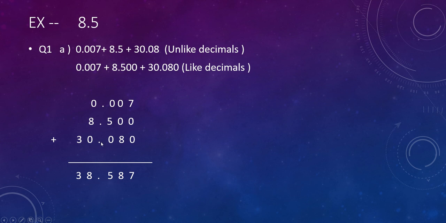Point, you are putting point under point. 0 plus 8 plus 0, that will give you 8 and then 3. Just simple addition we are doing. Of course, whenever you are doing subtraction, you will take borrow from the next, and whenever you are doing addition, you will give carry over to the next number.